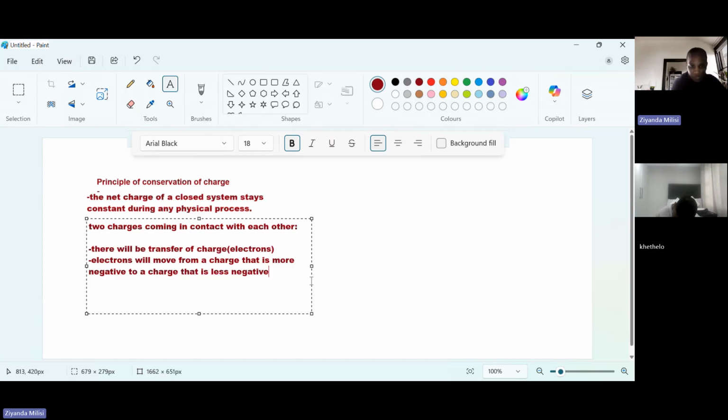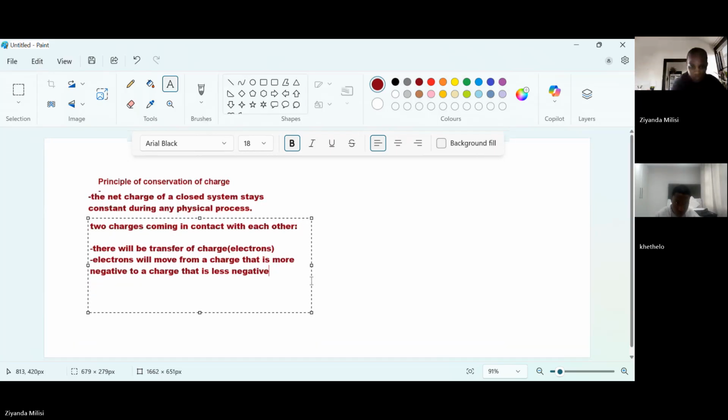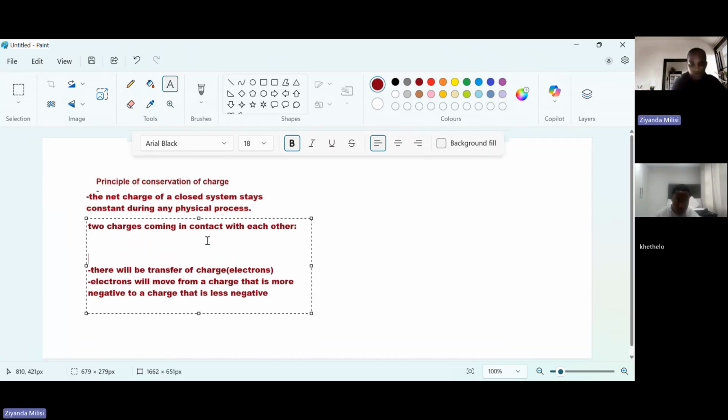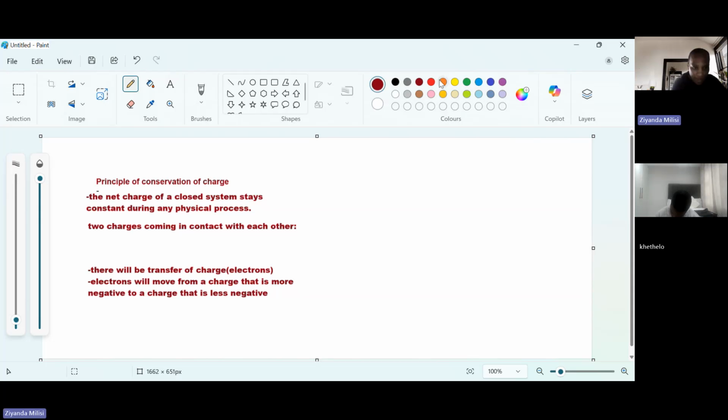So we are going to draw here just a picture that will show us if now we've got two charges that are in contact.